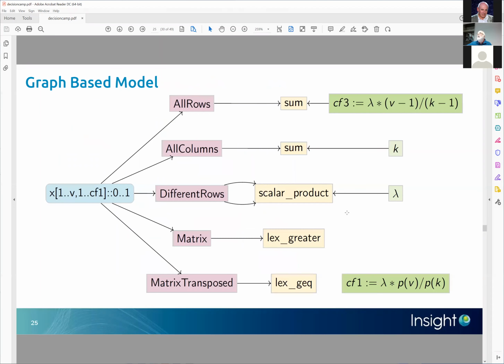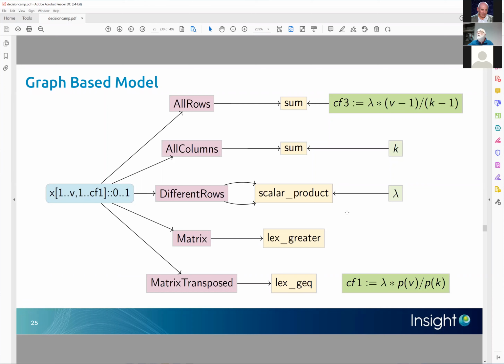Okay, underlying all this is a graph-based constraint model where we have a matrix of our variables, and we have the parameters here: the number of rows, the number of columns, and the domain. We have observed that the values in our matrix are always 0, 1.